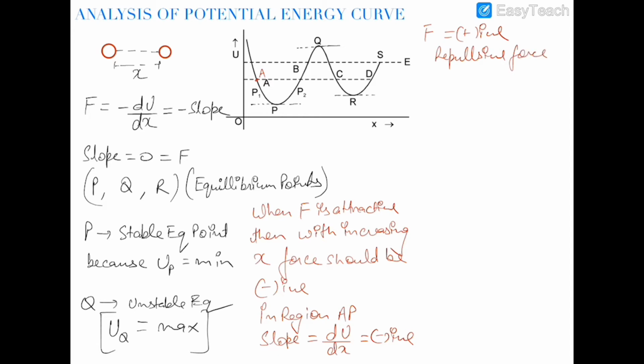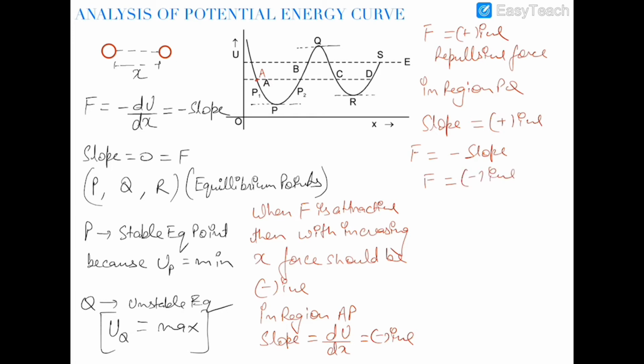Now when we move further in region PQ, as x is increasing, the potential energy is also increasing, so the slope of the graph in this region is positive, and hence the force, which is equal to minus the slope, is negative.